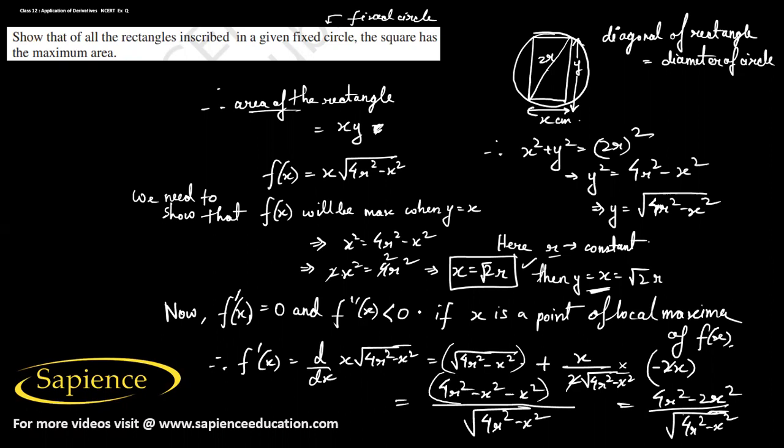So therefore, f dash x should be equal to 0. If f dash x is 0, then we get that 2x square should be equal to 4r square.